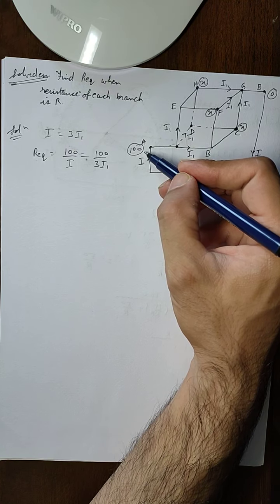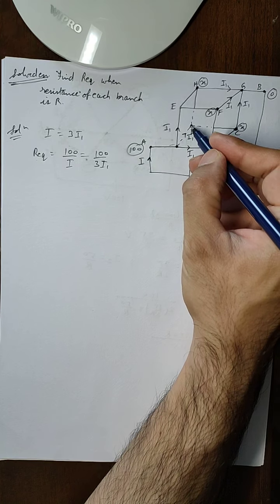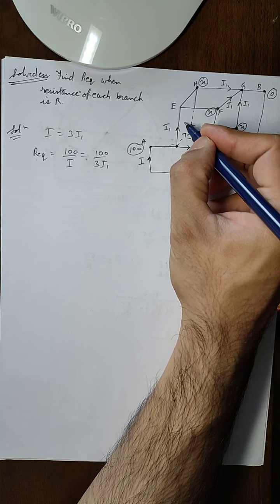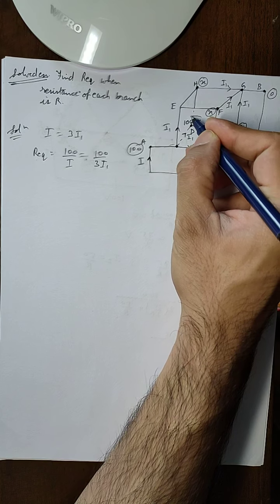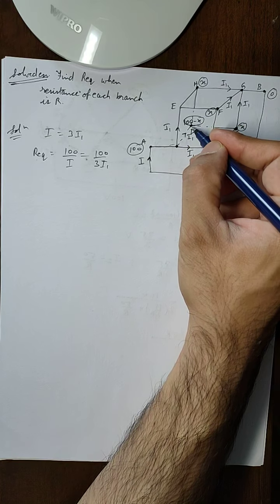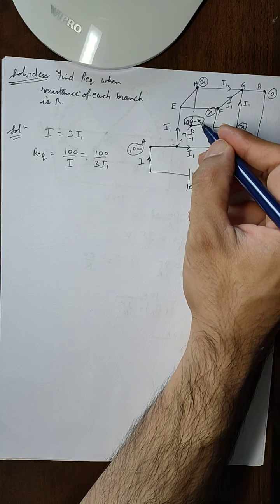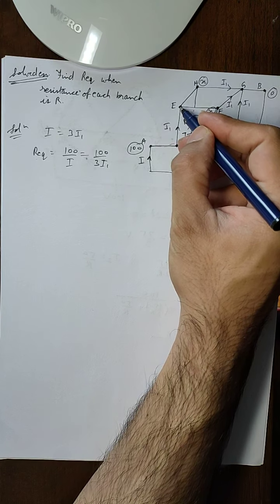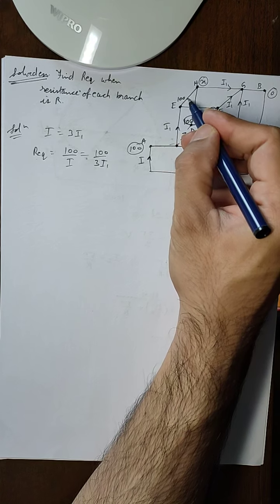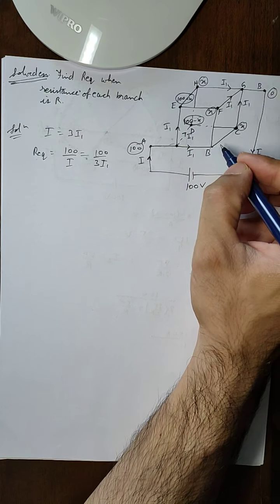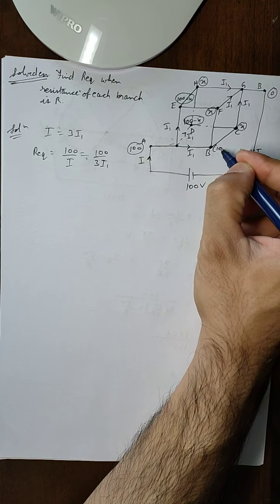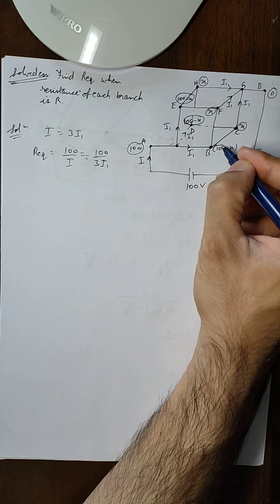So since it is 100 here, the potential at this point should be equal to 100 minus X, so that the potential difference across this branch is 100 minus of 100 minus X, that is X. Similarly, this point should also be equal to 100 minus X, and this point should also be equal to 100 minus X.